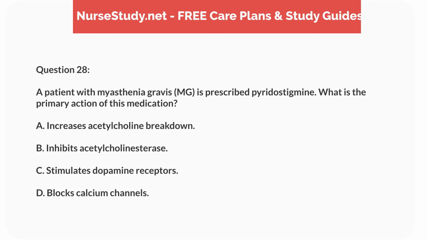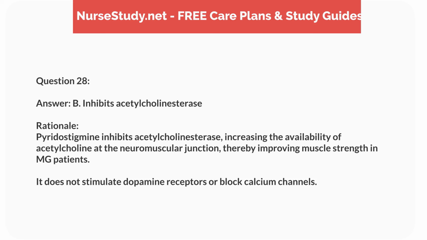D. Blocks calcium channels. Answer: B. Inhibits acetylcholinesterase. Rationale: pyridostigmine inhibits acetylcholinesterase, increasing the availability of acetylcholine at the neuromuscular junction, thereby improving muscle strength in MG patients. It does not stimulate dopamine receptors or block calcium channels.